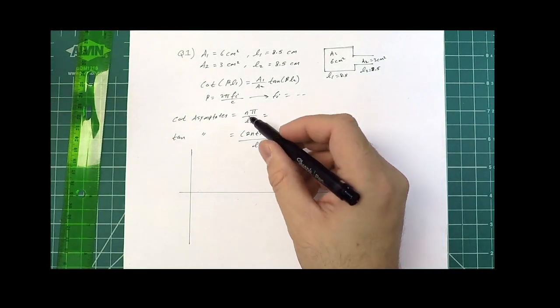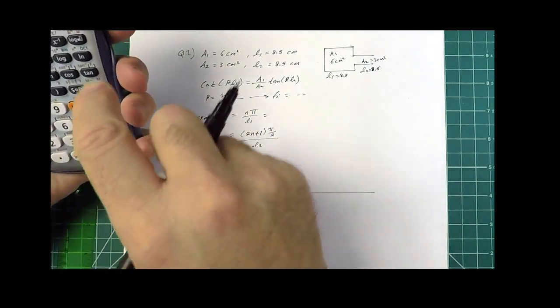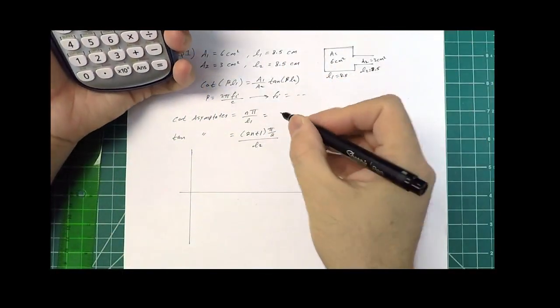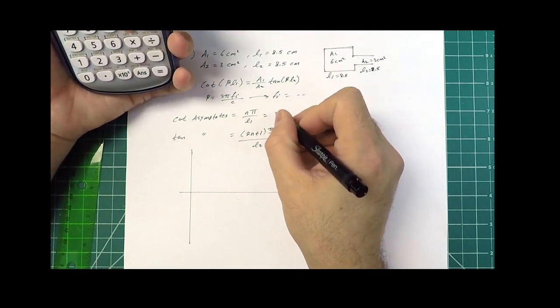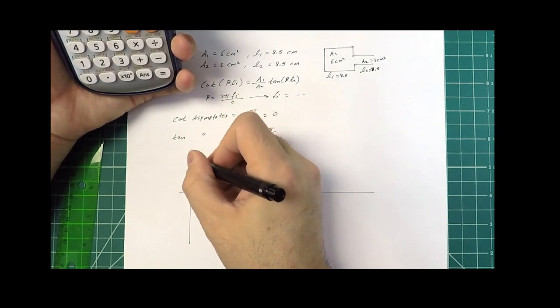Okay, so n pi over L1, let's start with 0 here. It's not going to be exactly at 0, but let's say it's a little more than 0, the asymptote is going to be right around here.